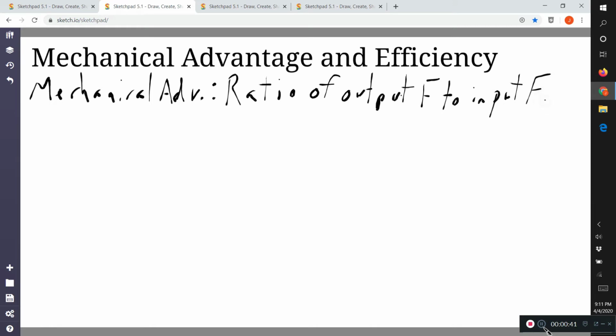So as a formula, mechanical advantage would be viewed as the force of the resistance, Fr, divided by the force that we effort, the effort force.